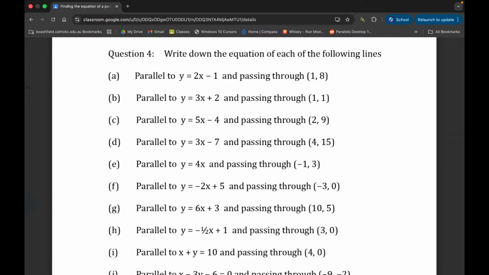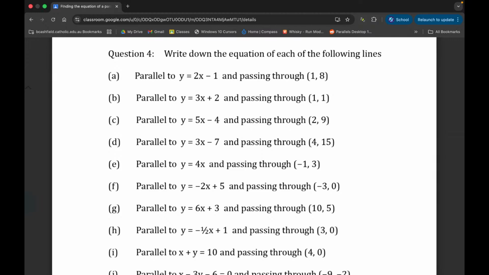It'll be 15 equals 3 times 4, which is 12 plus c. So once again, we're going to minus 15 from both sides. Actually, no, we're going to minus 12 from both sides. Minus 12 there is 0, minus 12 there, 3.